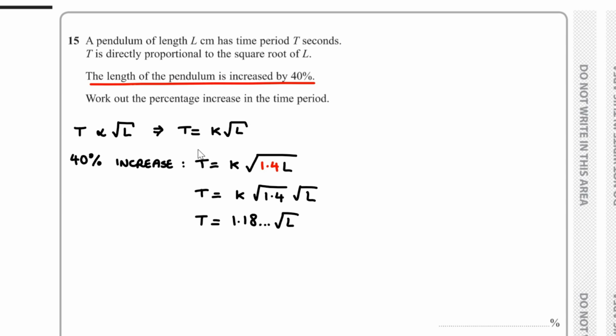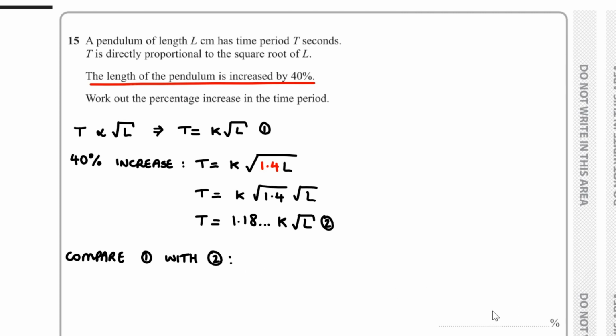If we compare, here we've got K lots of the square root of L. If I call this equation 1 and this equation 2, and we compare equation 1 with equation 2, you can see we have a multiplier of 1.18.